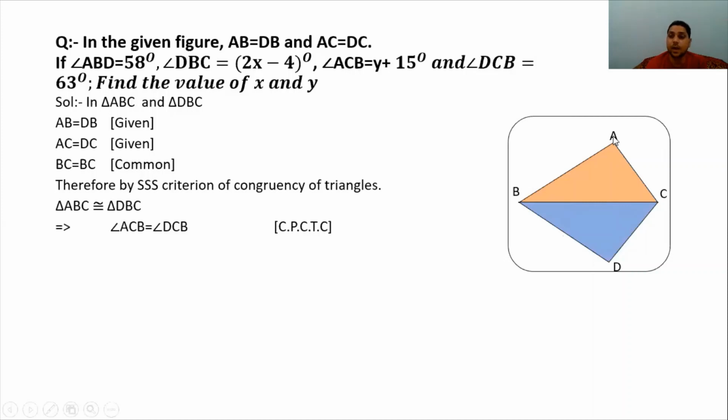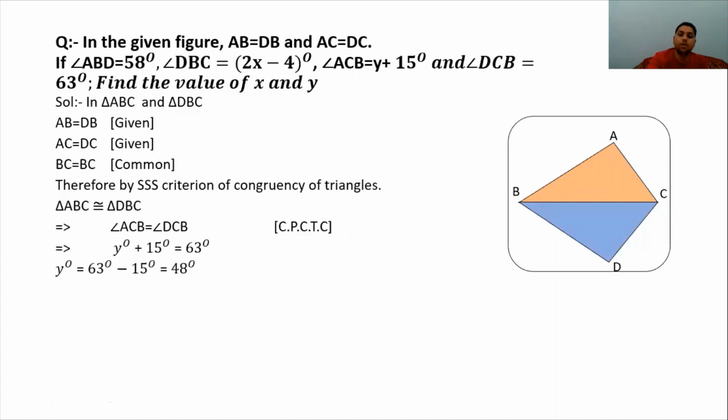Angle ACB is equal to angle DCB, because of CPCT. ACB is y plus 15, and DCB is 63 degrees. So y is equal to 63 minus 15, which is 48 degrees.